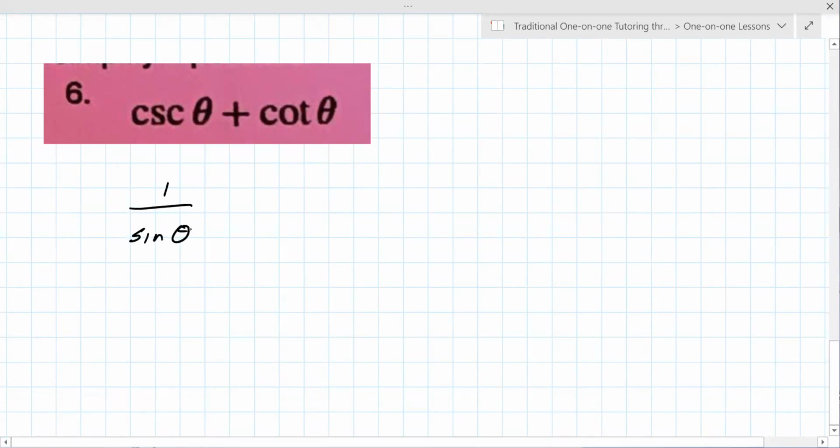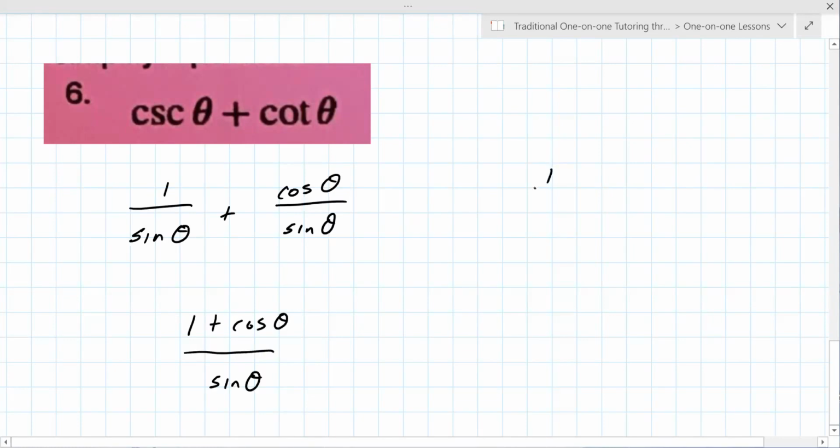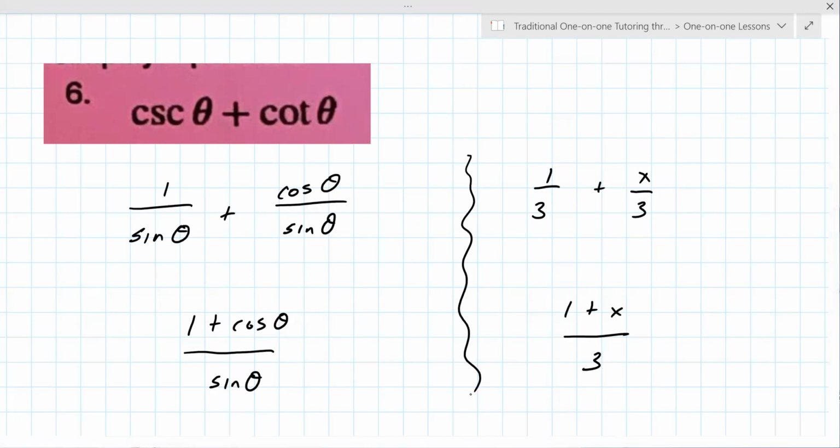So cosecant is 1 over sine theta, cotangent is cosine theta over sine theta, and you can combine the numerators and keep the denominator the same. It's like, what's 1/3 plus x over 3? Well, it's 1 plus x over 3. There's always kind of an analogous problem. All right, so that's kind of that.